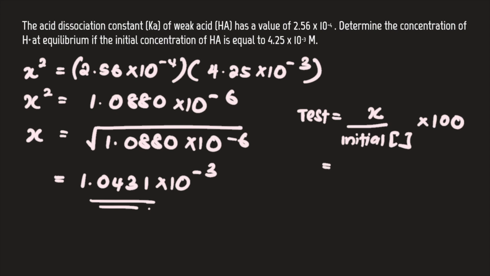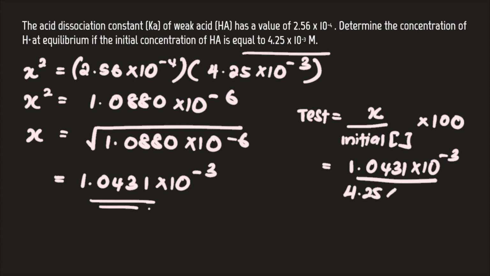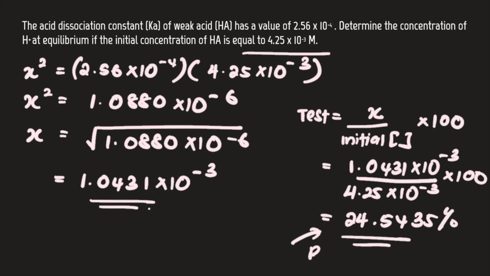So your value of x is 1.0431 times 10 to the power of negative 3 divided by the initial concentration, which is 4.25 times 10 to the power of negative 3, times 100. And from here, you will get the test value is 24.5435%. So this value is actually bigger than 5%. So the value of x is not approved. So therefore, you need to do the successive substitution.